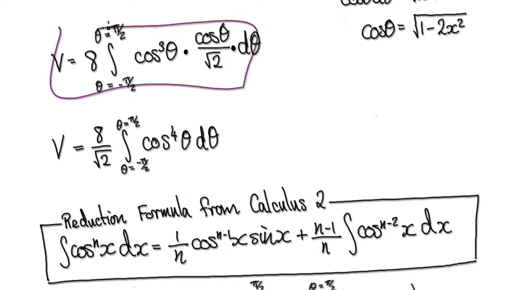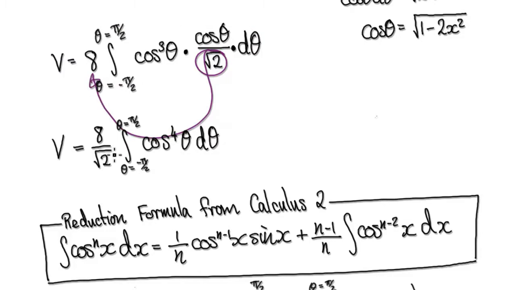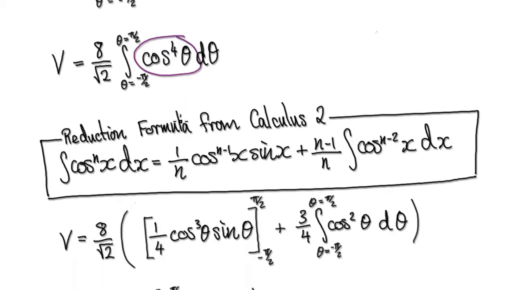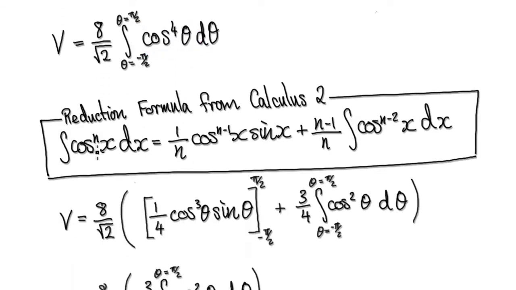So now tidy this up. This is a constant, so take it out. That will then give us this thing here, and then this would be cos to the power of 4. There are lots of ways of integrating cos to the power of 4. For me, I'm going to use the reduction formula from calculus 2.